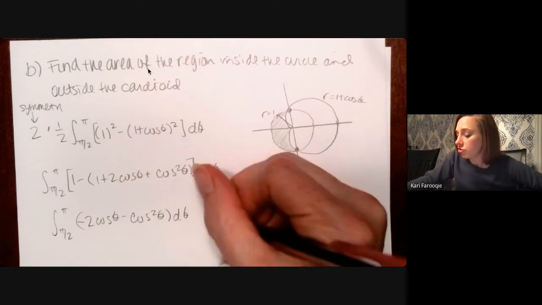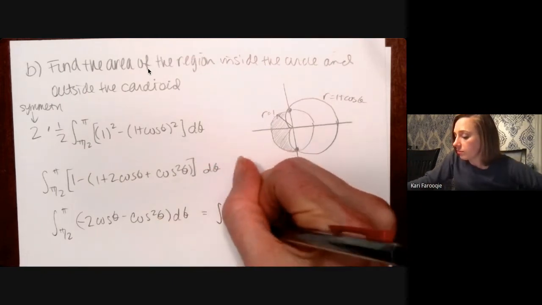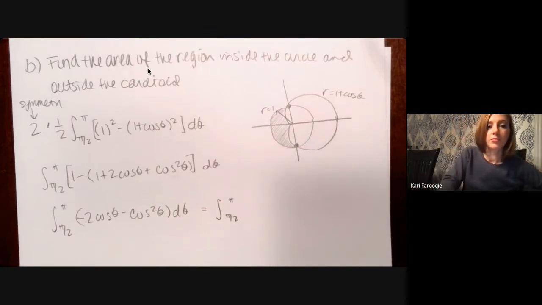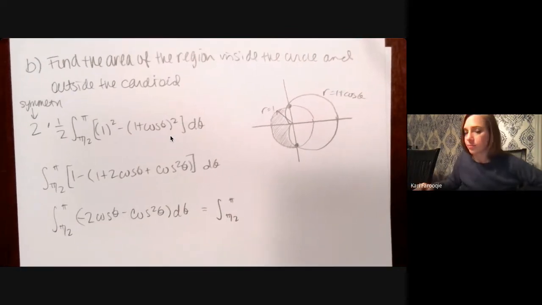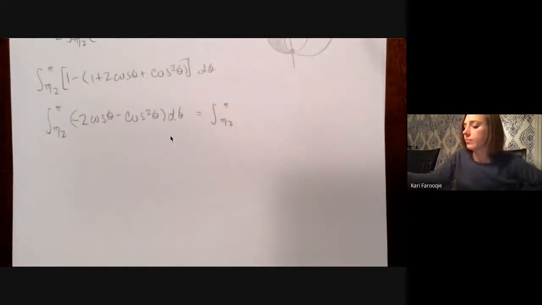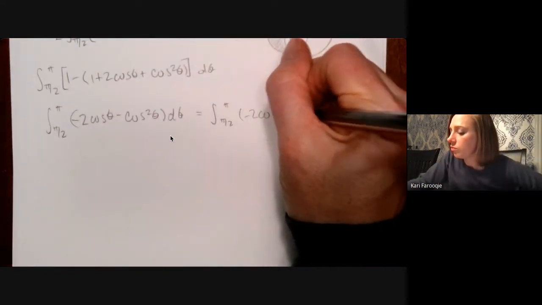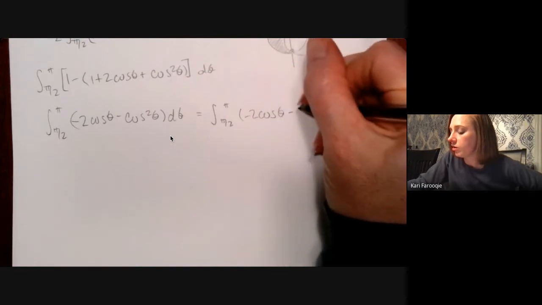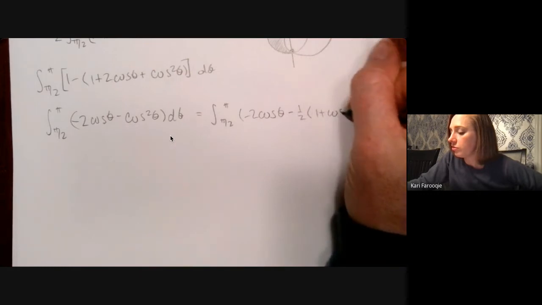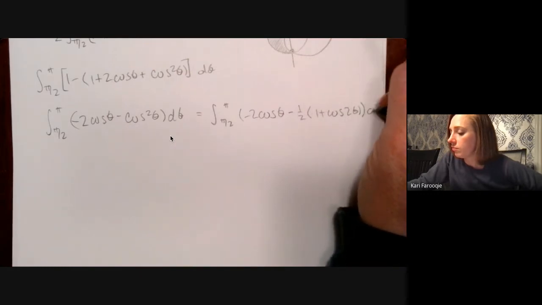And then we're going to switch this cosine squared using a power reducing formula. So this will still be negative 2 cosine theta, but this time you'll have this minus sign, which is still there, 1/2 times 1 plus the cosine of 2 theta d theta.